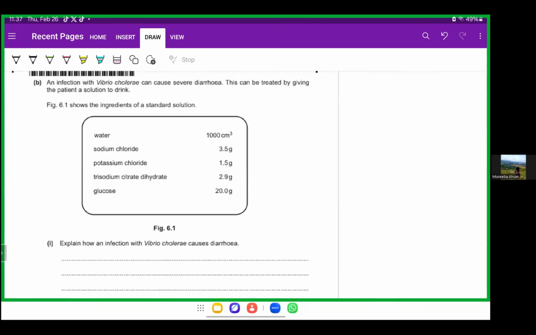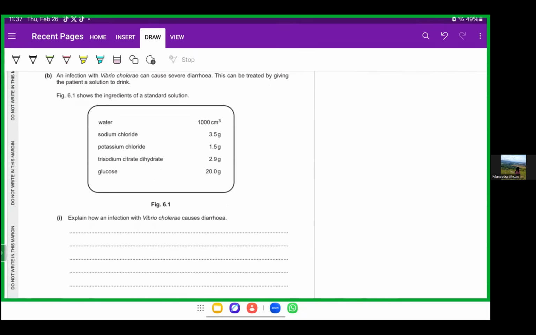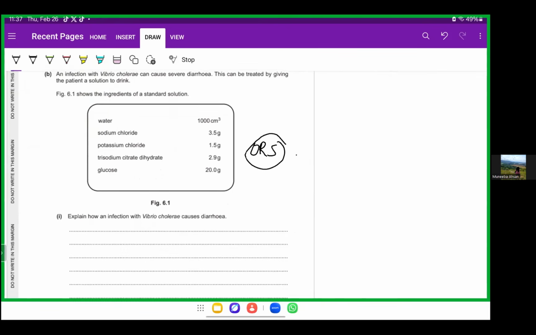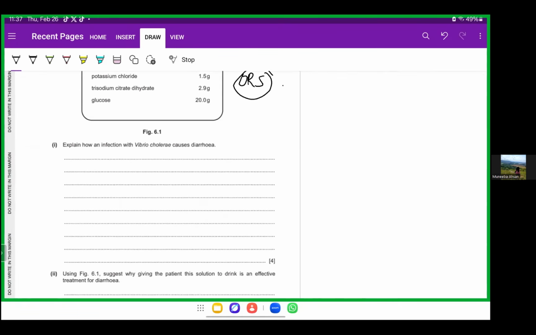They're saying an infection with Vibrio cholerae can cause severe diarrhea. This can be treated by giving the patient a solution to drink, which is usually known as ORS, right? So basically they're asking, explain how the infection causes diarrhea. They are asking what the mechanism of action of the cholera toxin is.